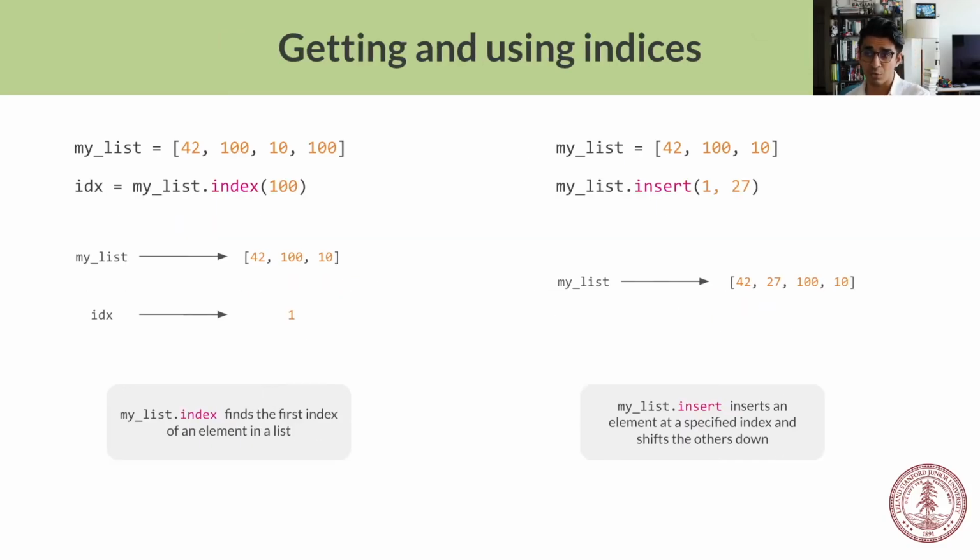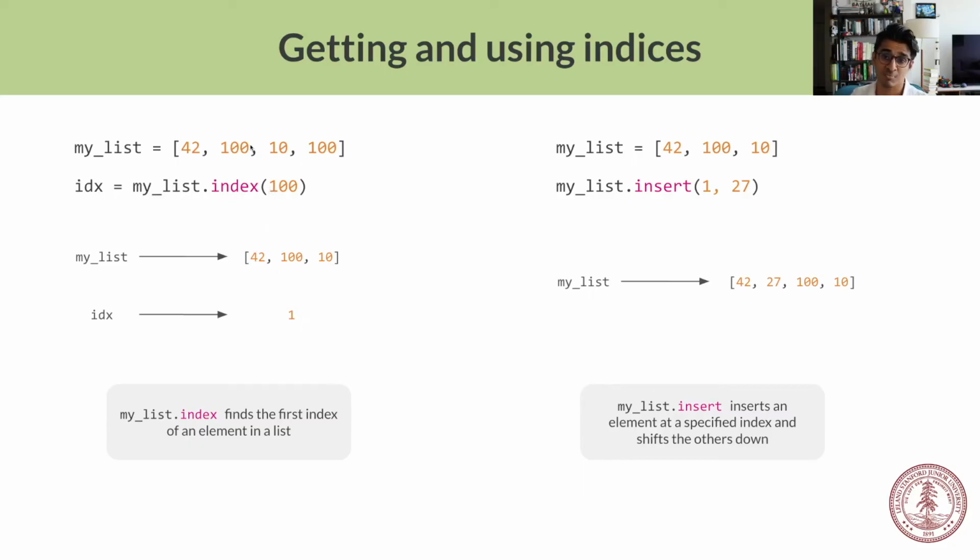Alrighty. Now, another thing you can do is start to get a little fun with indices in a list. In this particular case, let's imagine that you're hunting for a particular element in a list. You want to say, I would like to know where 100 shows up in my list over here. You can use the mylist.index function, and what that's going to do is tell you the position of the first index of this value in the list.